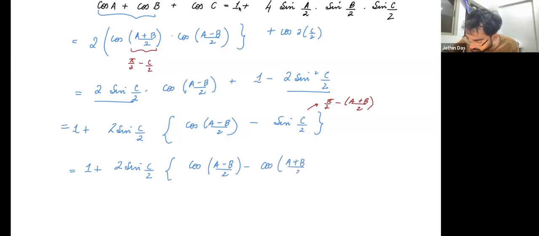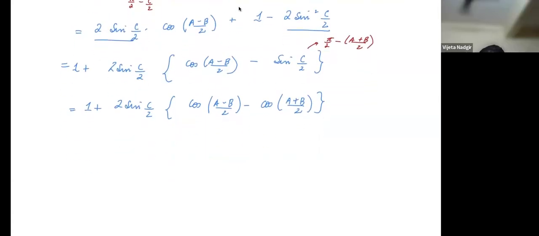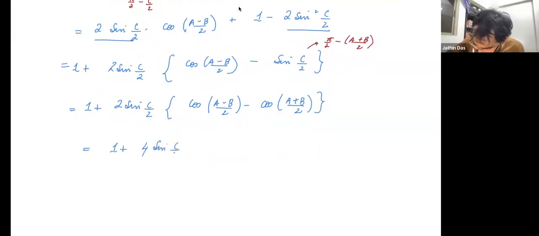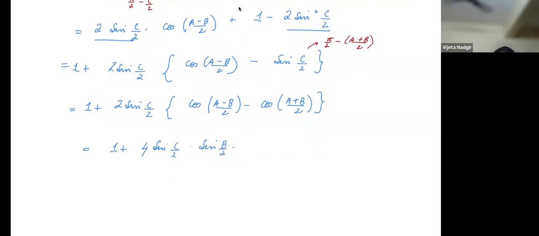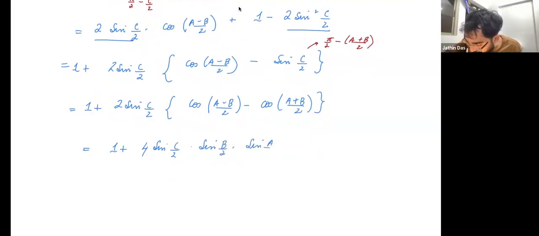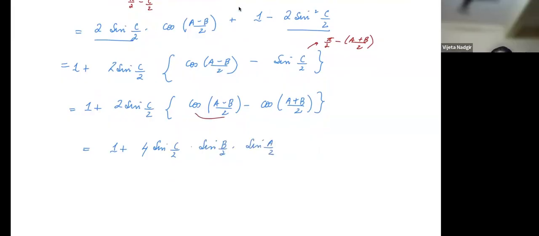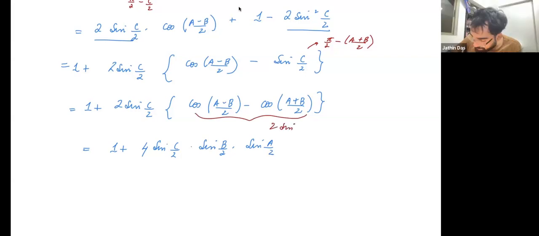It's a direct formula. 2 sine A sine B. हो गया, मिल गया ना? Sine B by 2 is one angle and sine A by 2 is one angle. This is 2 sine A by 2, sine B by 2. Direct formula of 2 sine A sine B. Cos of difference minus cos of sum.